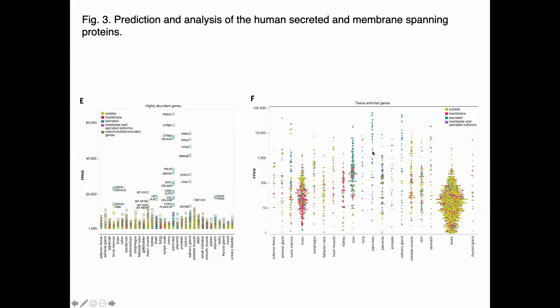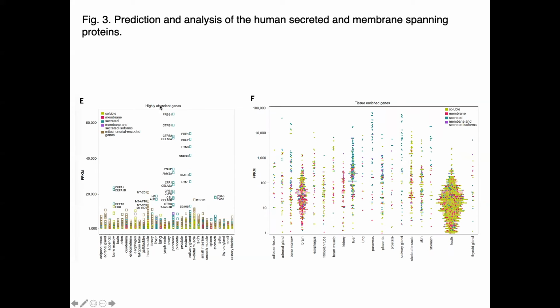So in figure 3E, the investigators selected the 370 most abundant genes. That means their FPKM value is more than 1,000. These are from different tissues, and their predicted cellular localization is shown by different colors. They have a small legend here. The gene names for a selection of the most abundant genes were labeled. All these different genes, you can tell the names, right?